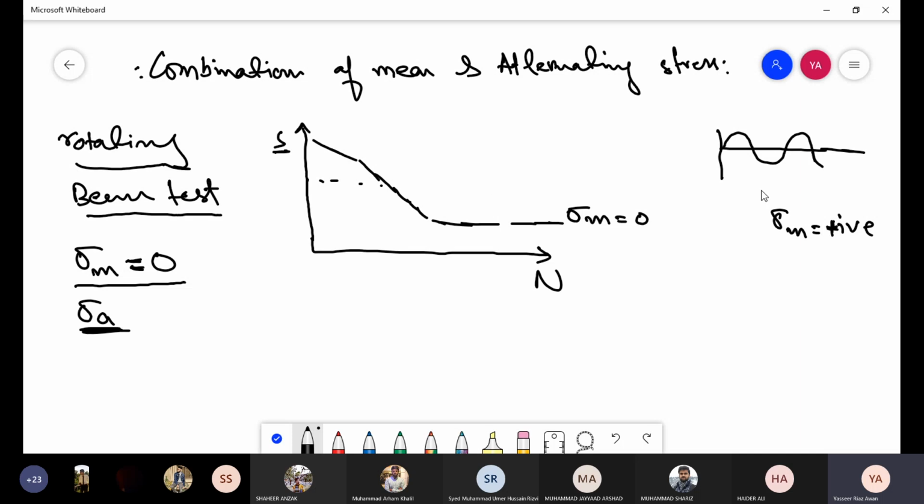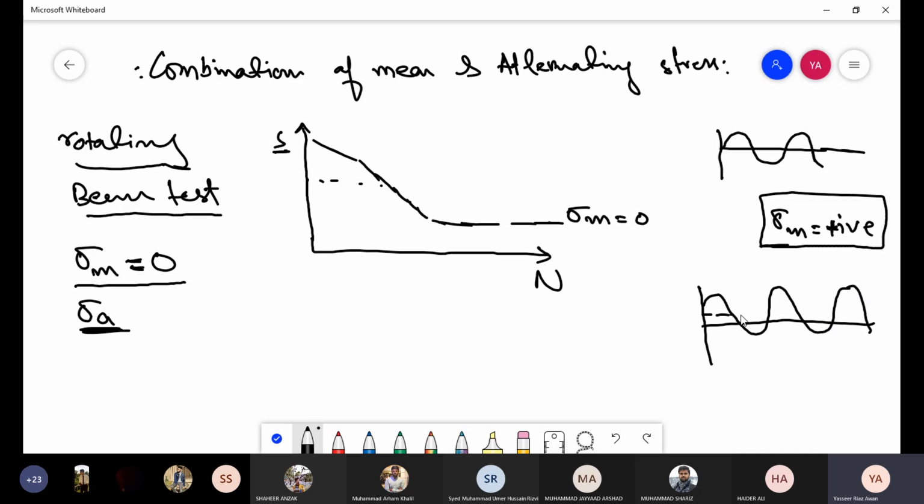So when there is some permanent tensile stress present in the structure, apart from the alternating component, there is an alternating component, but there is also some. So we are talking about, so for example, case like this. Okay. So in this we have some sigma m positive value all throughout the cycle. So what would be its impact on fatigue life? What do you think? Will this improve the fatigue life of the material, or will it reduce the fatigue life of the material, or a part?